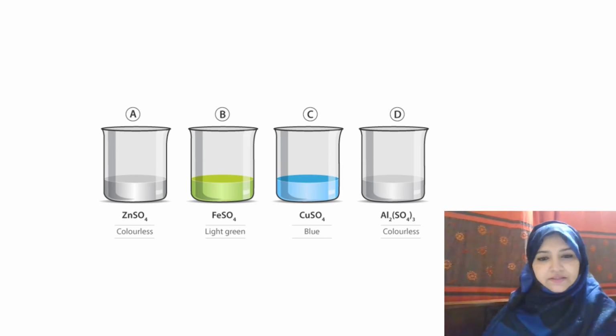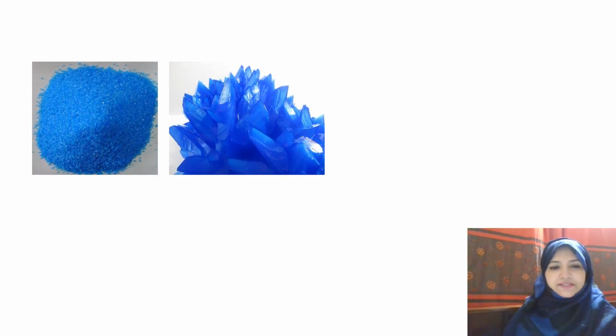Look at these pictures. For doing this experiment, we need copper sulfate solution. This is copper sulfate salt. This is the crystal of copper sulfate, and this is the powder of crushed copper sulfate, and you can see that beautiful blue colored crystal.